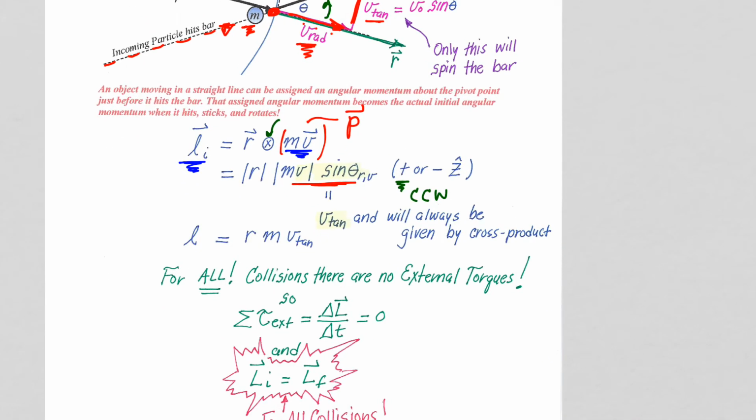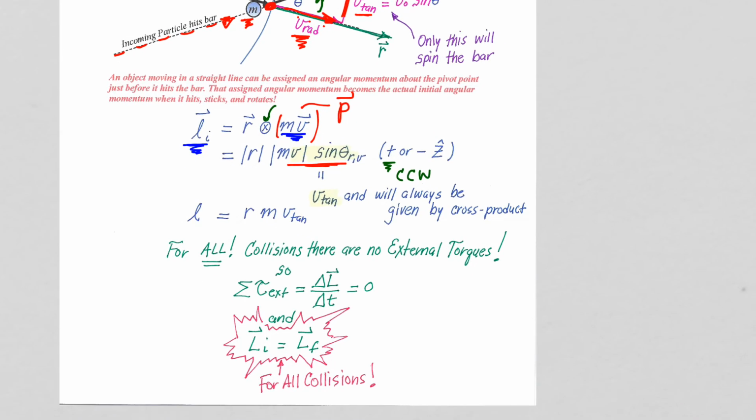We know from our last chapter, matching up our equations to our linear equations, that the sum of the external torques equals delta L over delta T, just like the sum of the external forces equals delta P over delta T. And just like for the linear collisions that we've studied, we assume there were no external forces during the collision because the delta T is so small during a collision.